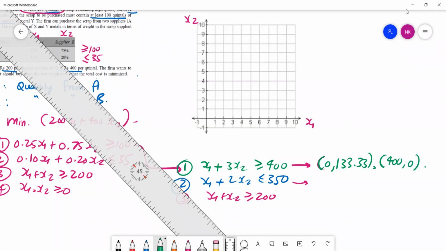For the second, 0, 175 and 350, 0. The third will be 200, 0 and 0, 200.